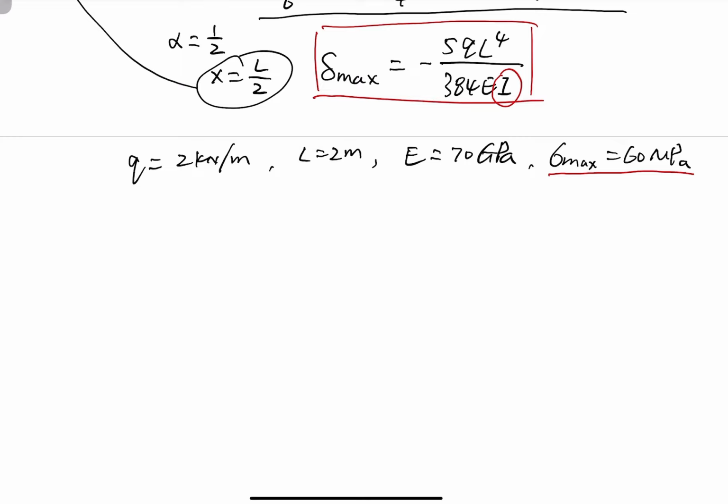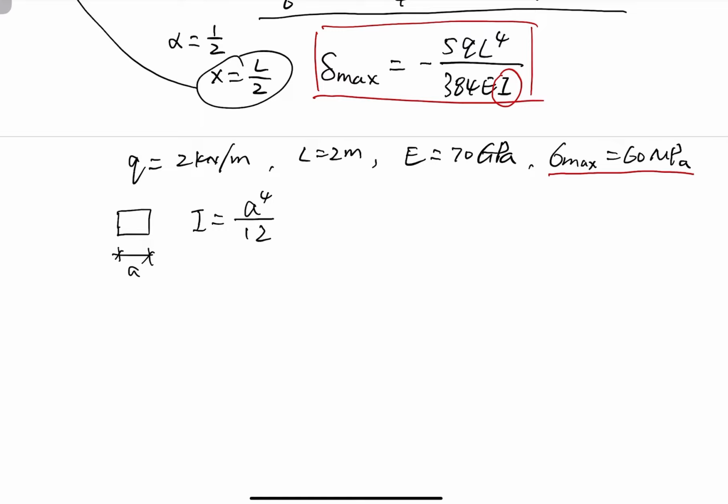megapascal. As we know, the cross section of this beam is a square, so the dimension is a. For this square, we know the moment of inertia is a to the fourth power over 12.